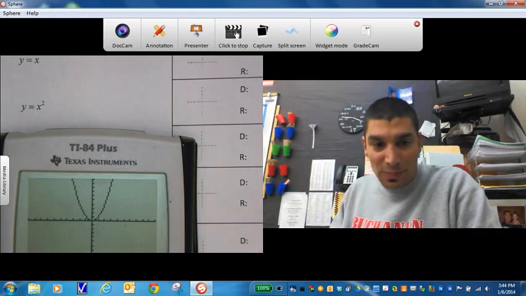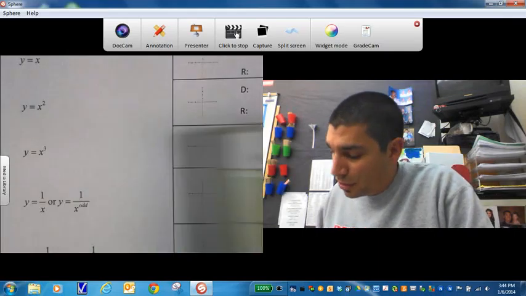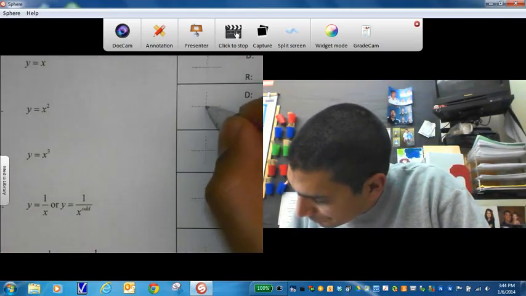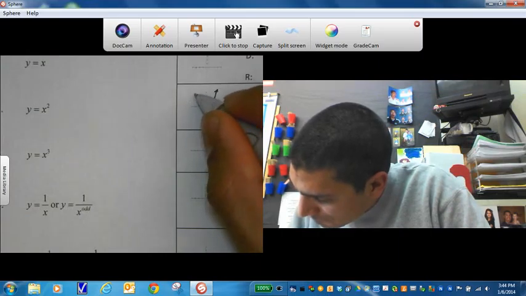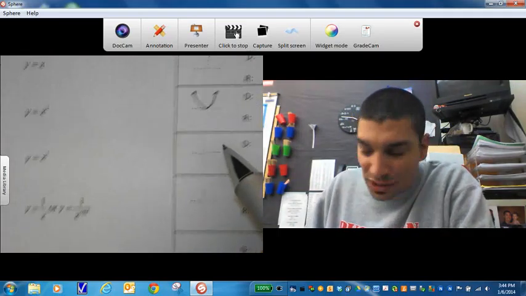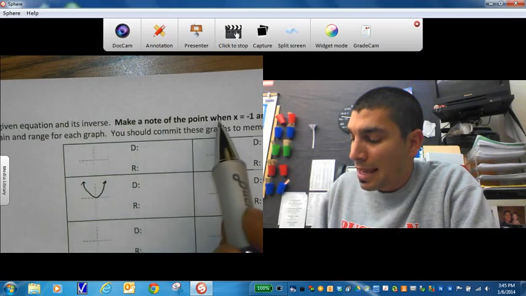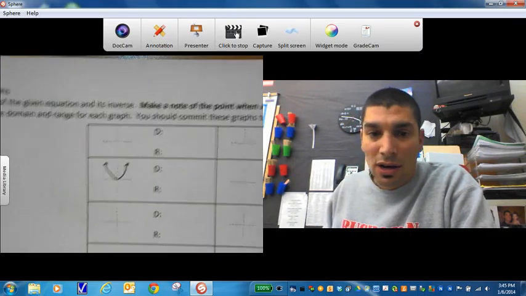So here's my graph. y equals x squared is a parabola, but you knew that already. What you're going to do is put that here on your graph. And one of the directions says, make a note of the point when x is equal to -1 and x is equal to 1 on your paper.